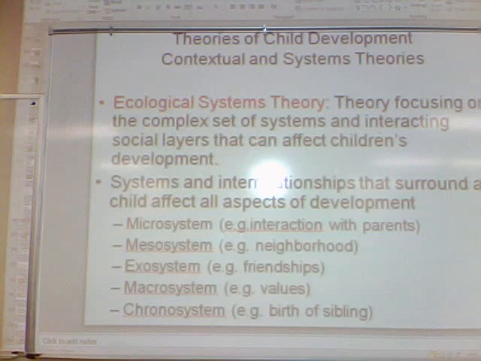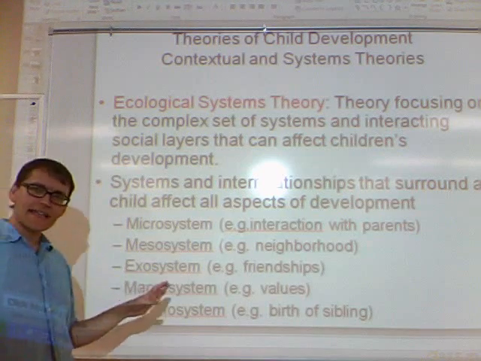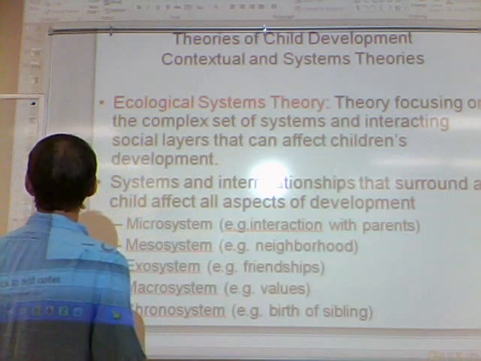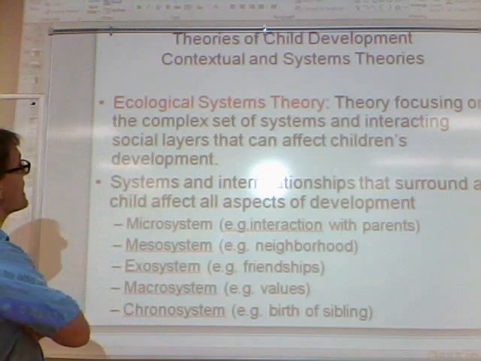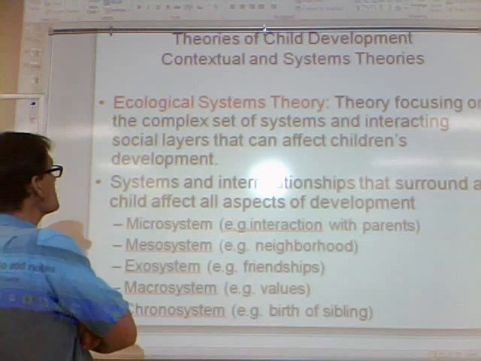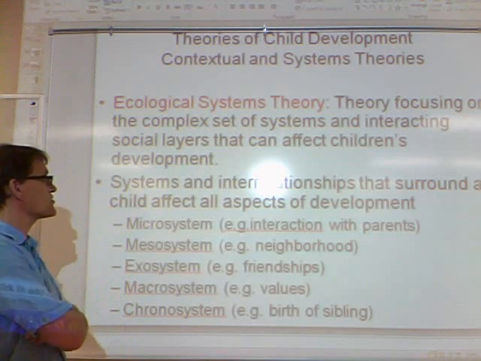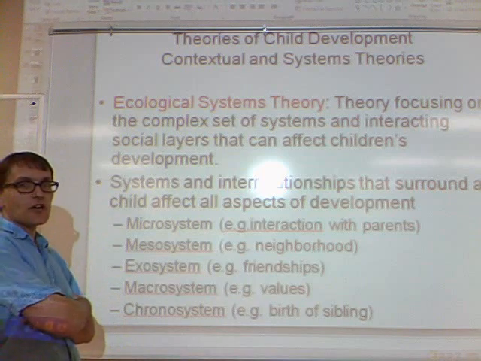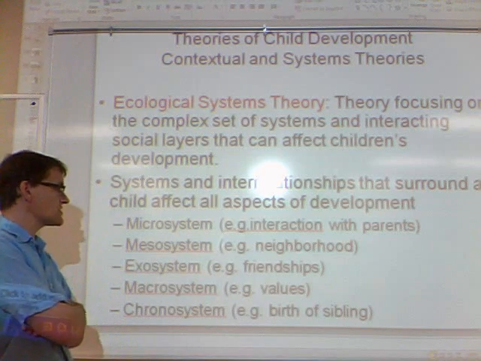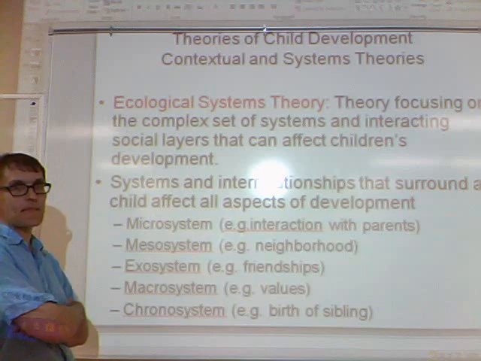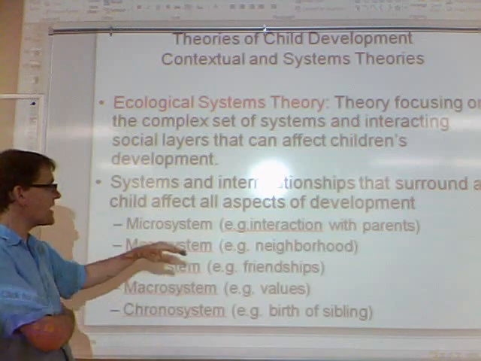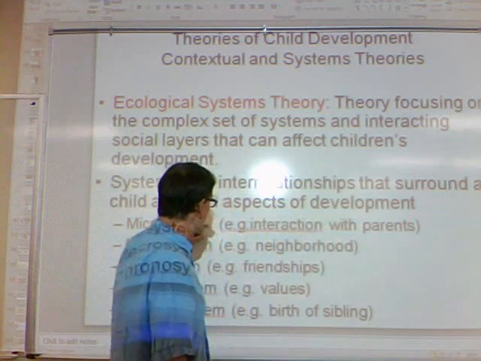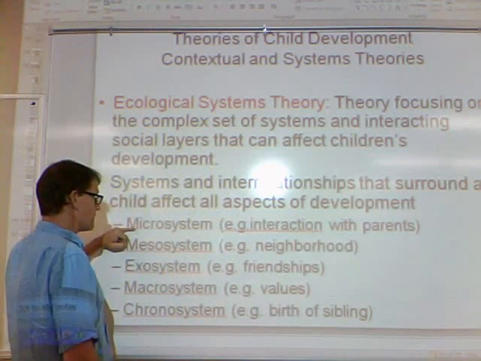Ecological systems theory, I'm not familiar with this one, but suffice it to say, it focuses on the complex set of systems and interacting social layers that can affect a child's development. Children have different social interactions, and not all are the same. They talk about a microsystem, how children's social interactions with their parents can influence the child.